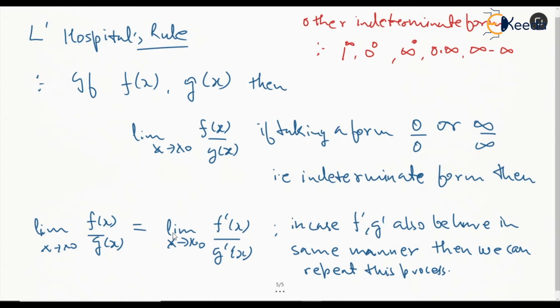So these are the 5, and this is 1 and 2. Overall, there are 7 such forms of indeterminate form we may come across.